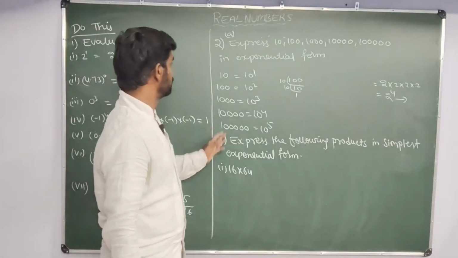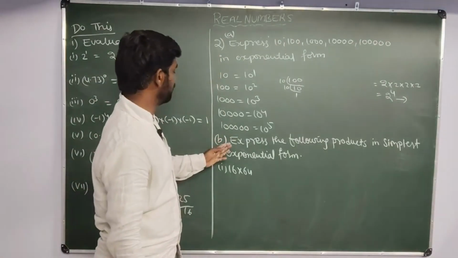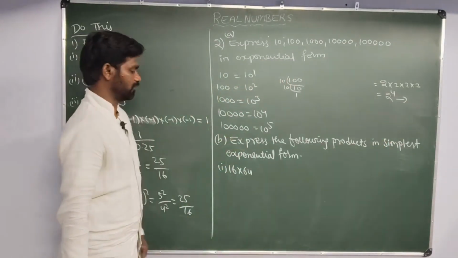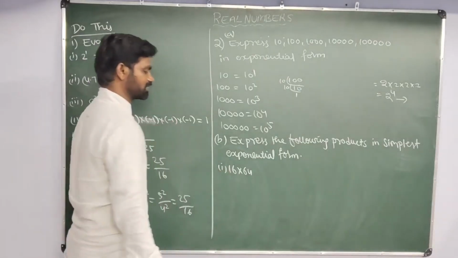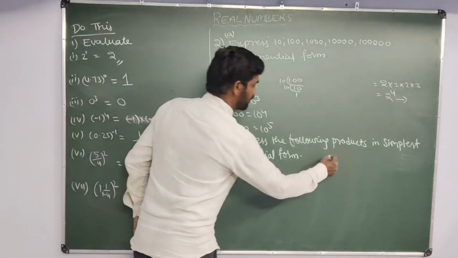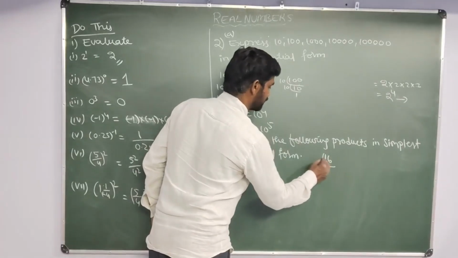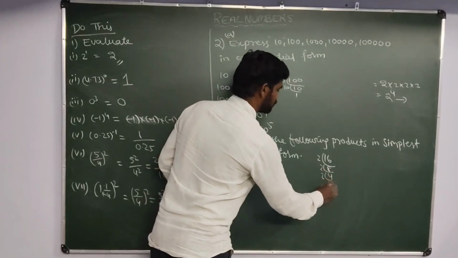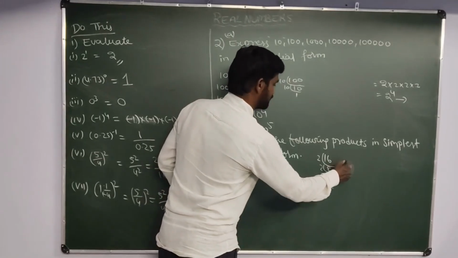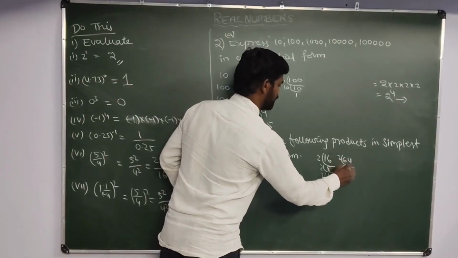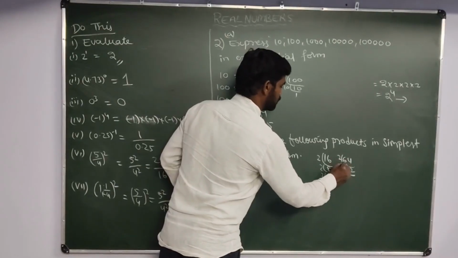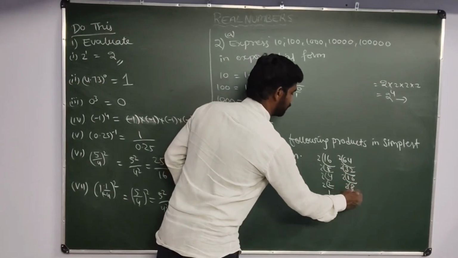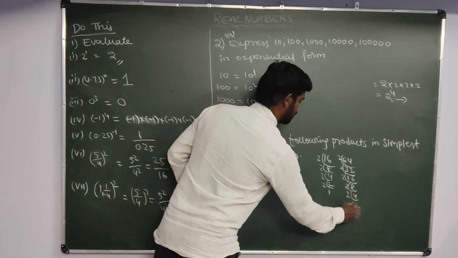Next question from second bit B1, express the following products in simplest exponential form. So first, in that first one, 16 into 64. So take the prime factors of 16: 2 8s, 2 4s, 2 2s, 2 1s. In the same way 64: 2 3s are 2 2s are 2 1s are, 2 6s are 2 8s are 2 4s are 2 2s are 2 1s.